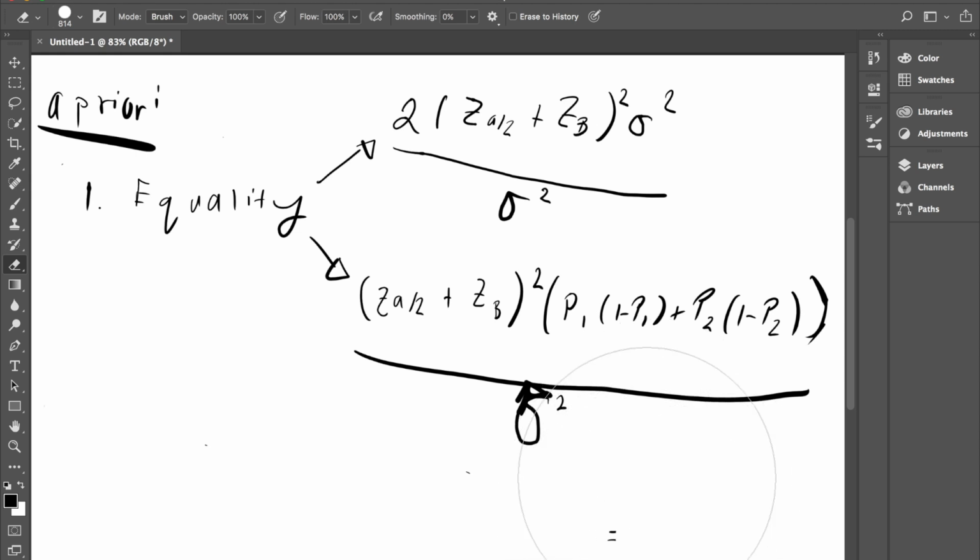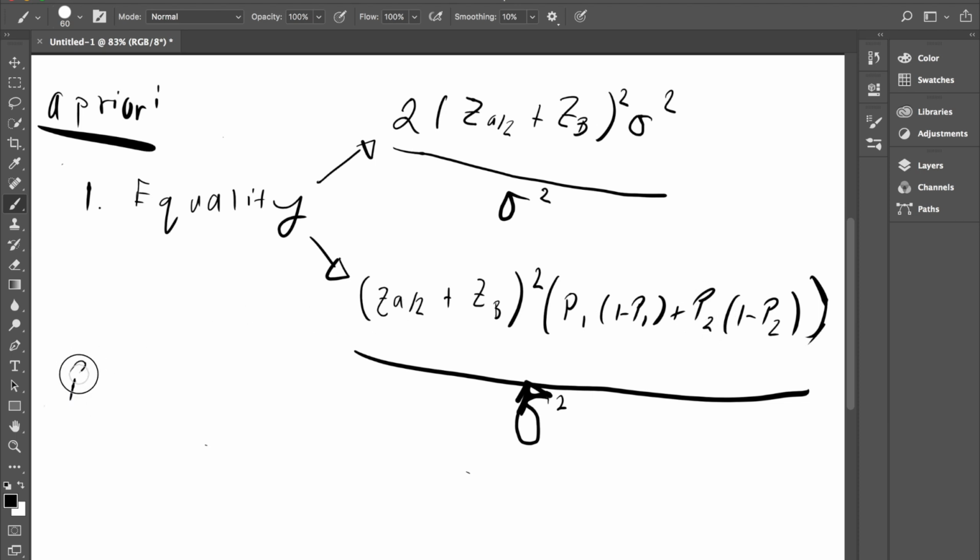And now you might be wondering, well, for my dichotomous outcomes, what is this delta going to represent? Well, you need to understand first what the P1 is and what the P2 is.